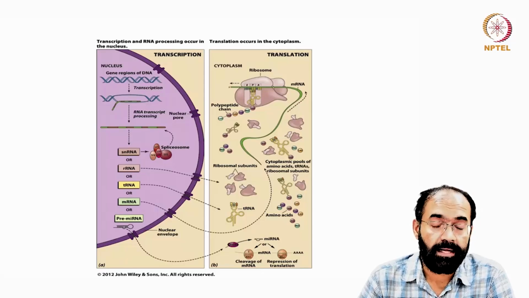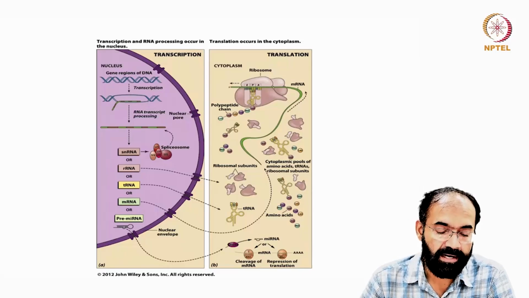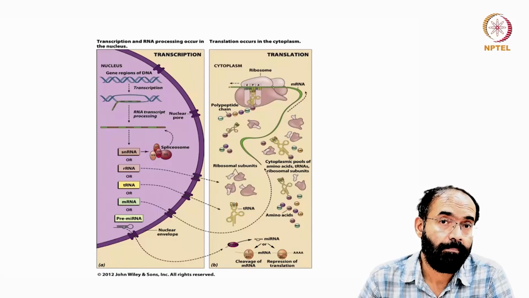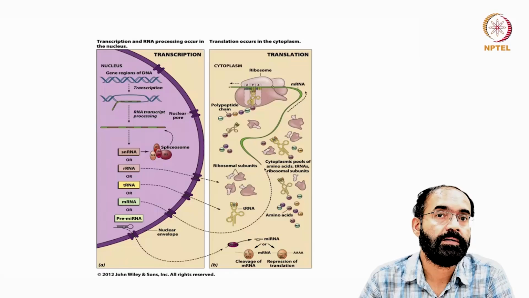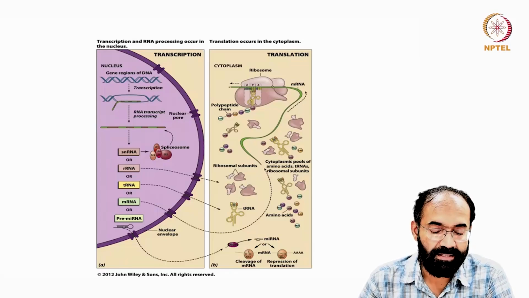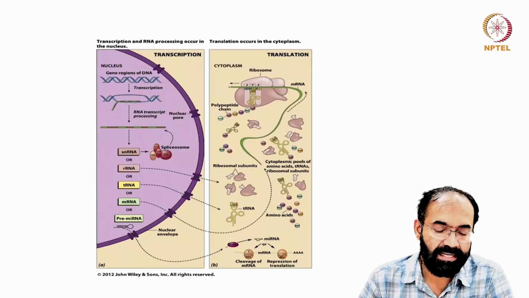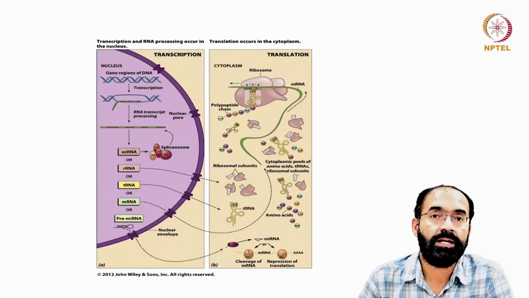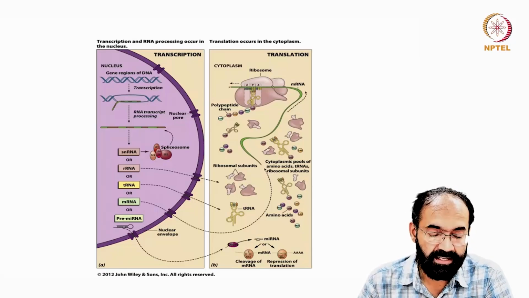Other RNA genes that are transcribed in a similar fashion are ribosomal RNA, transfer RNA, pre-microRNA, etc. mRNA, we have seen, codes for proteins. We call them messenger RNA. So no matter which RNA you are talking about, snRNA, rRNA, tRNA, mRNA or pre-microRNA, they are all encoded in the DNA. It has to be produced from the genetic material itself.